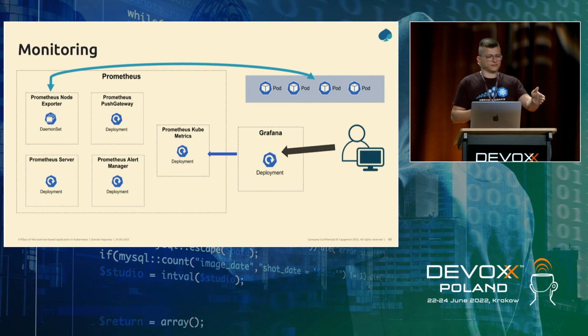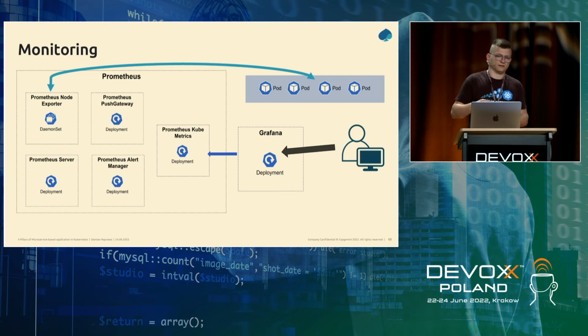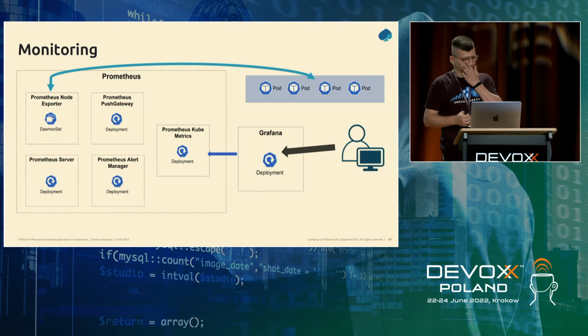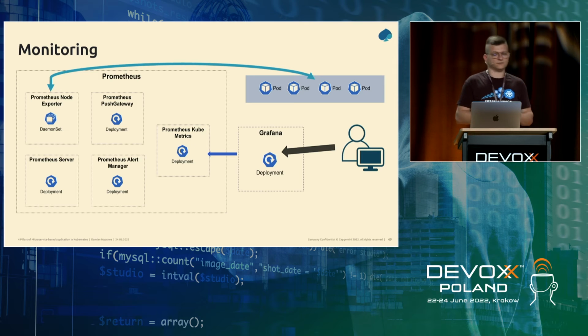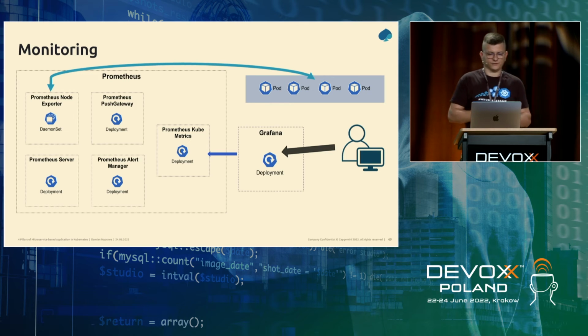As you can see, there is a daemon set object which handles it. And this Prometheus node exporter will transfer the metrics, the information about how many resources our containers are using and stuff like this. And finally, we will be using Grafana to visualize those metrics and resource usage.